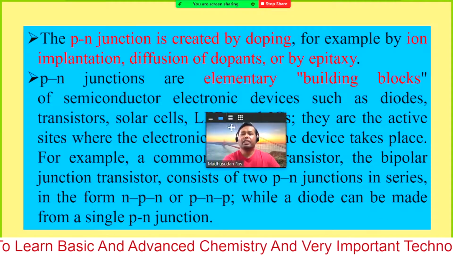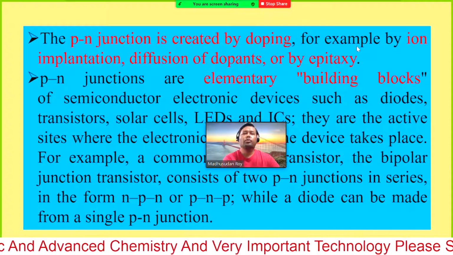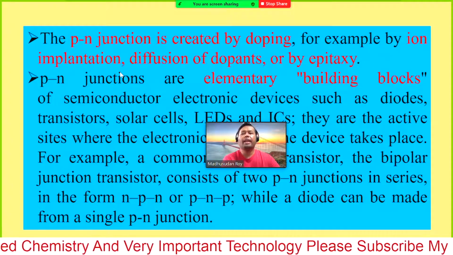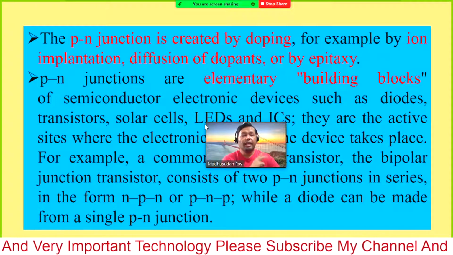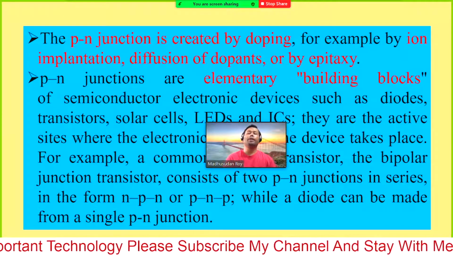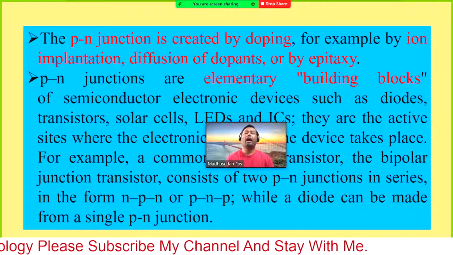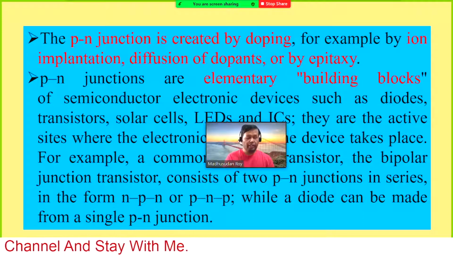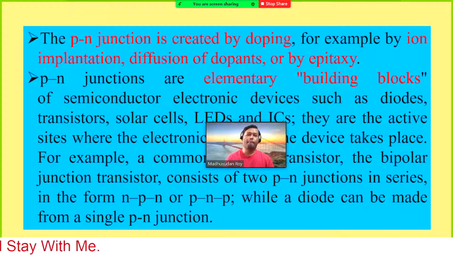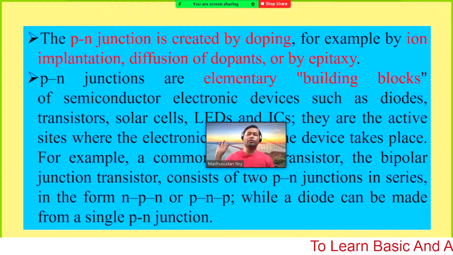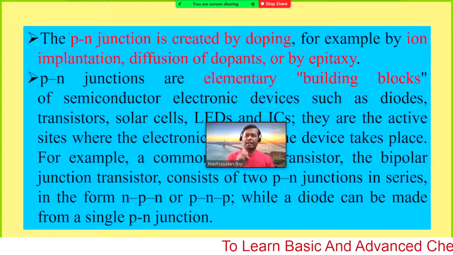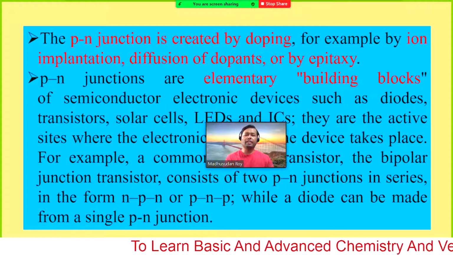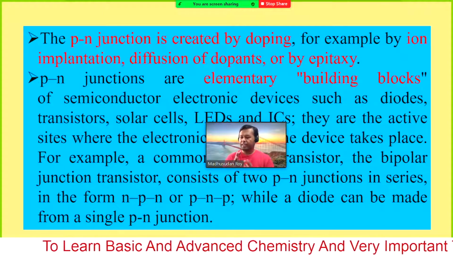The p-n junction is created by doping, for example by ion implantation. So there are several ways to prepare a p-n junction. How can we make it? That is ion implantation. That means if you have a crystal, then you can penetrate some other ion into it if you have a very high force or high energy electron or ion source.